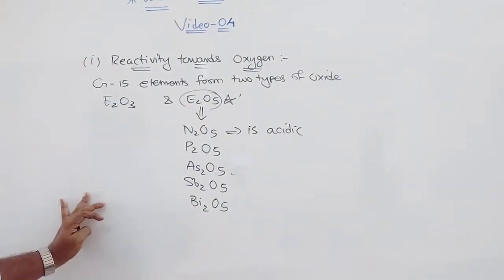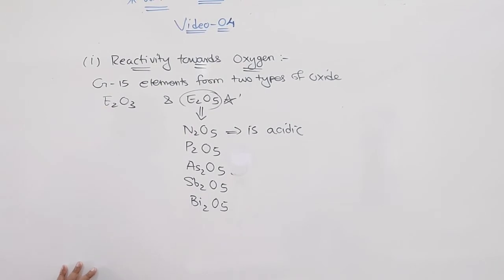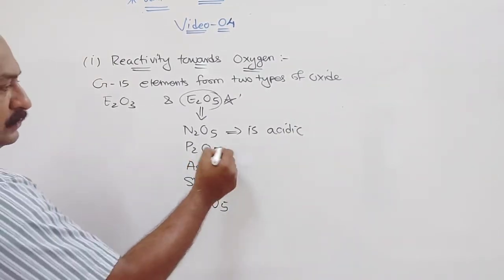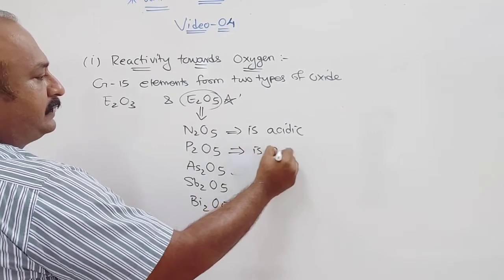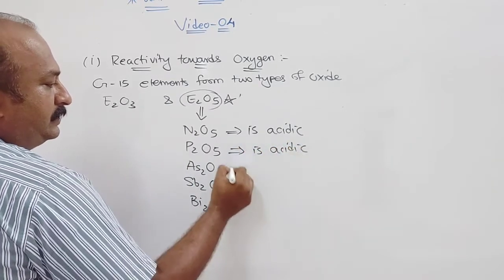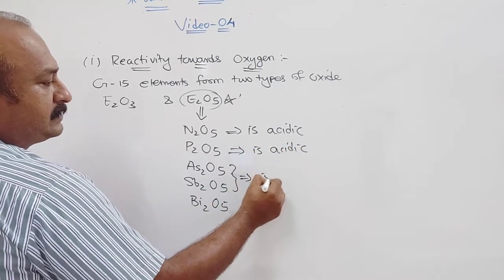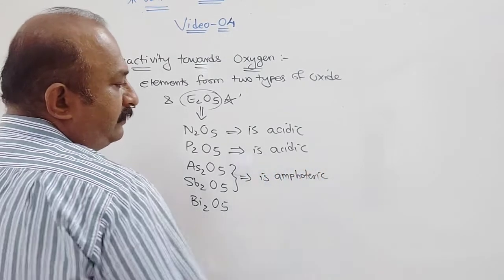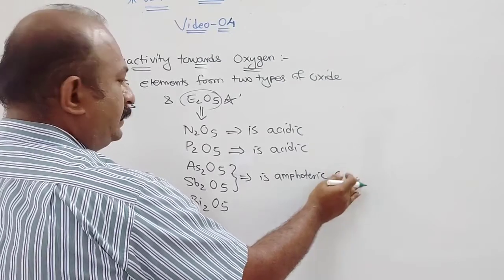P2O5 is also acidic. Clear? As2O5 is an amphoteric oxide.